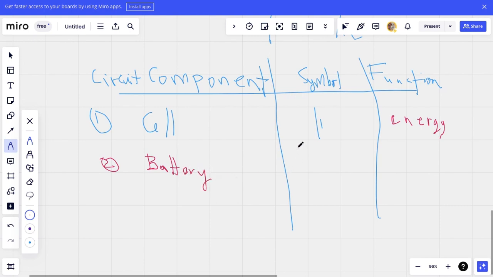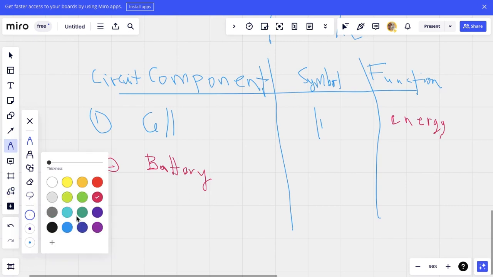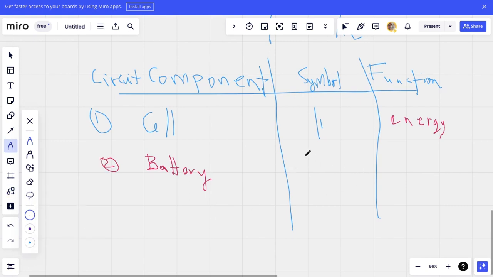We can simply model a battery like this, with just two cells. Or, if it's more than two cells, we put some dots and then draw the other arms, saying this is more than two cells. This is a battery.